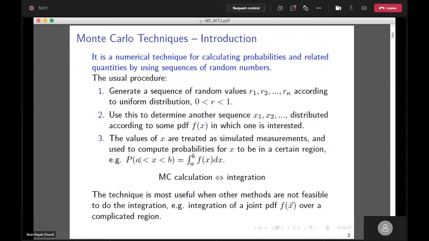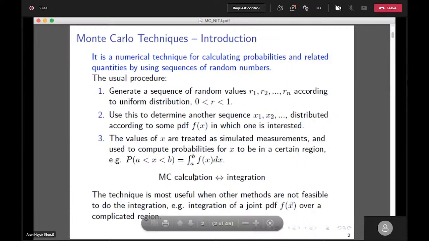Say, the probability for x being between a and b is the integration from a to b of f of x dx. That means basically you compute the area under the curve f of x between a and b. So that is the standard procedure for doing any Monte Carlo technique.